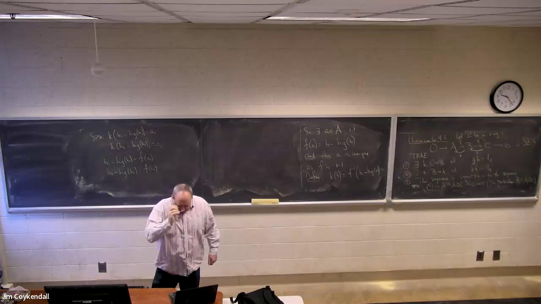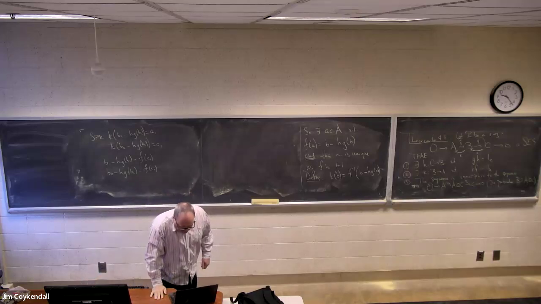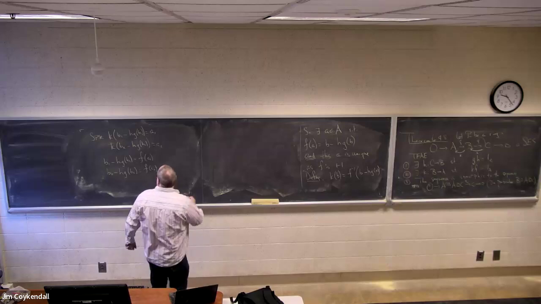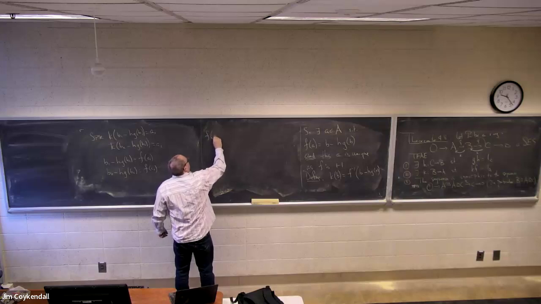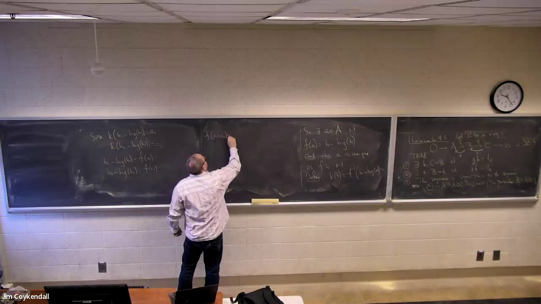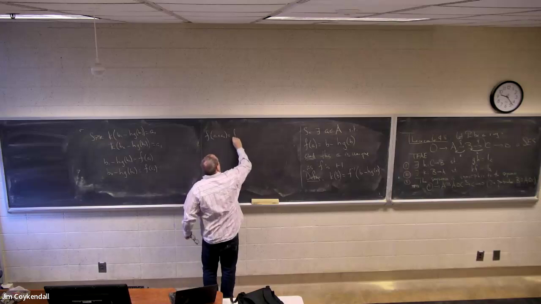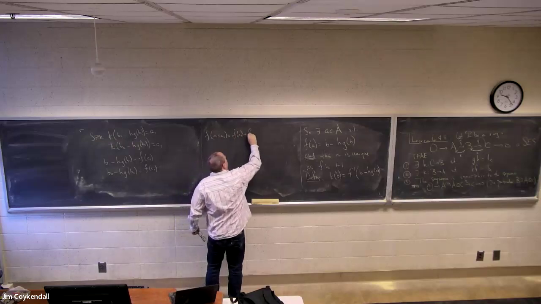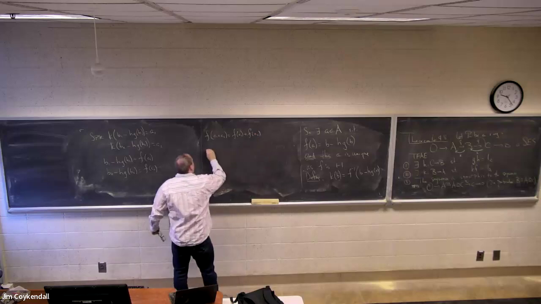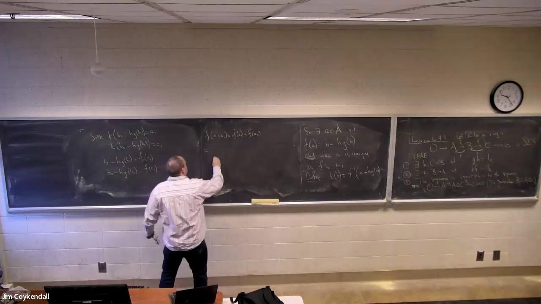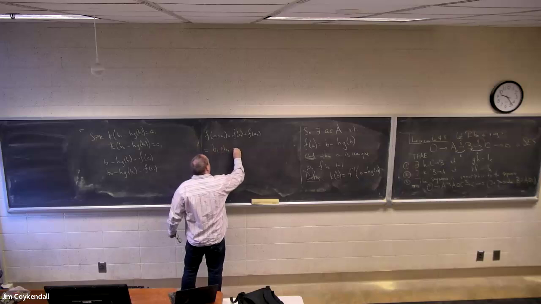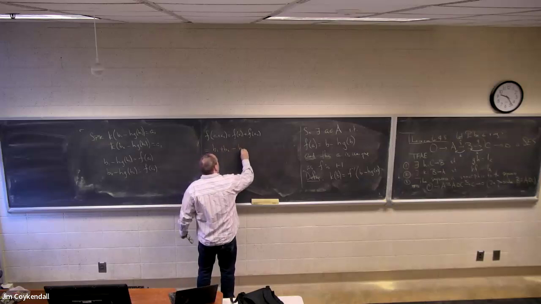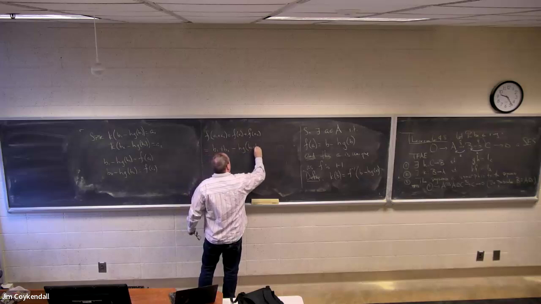And so, since F is a homomorphism, this is F of A1 plus A2, which is equal to B1 plus B2 minus HG of B1 plus B2.